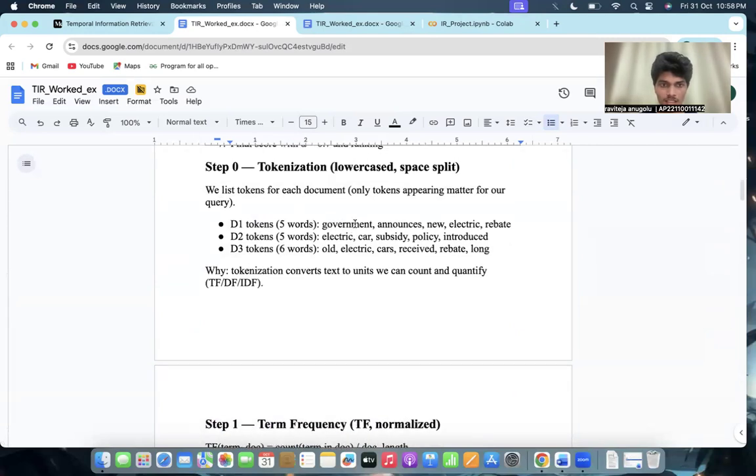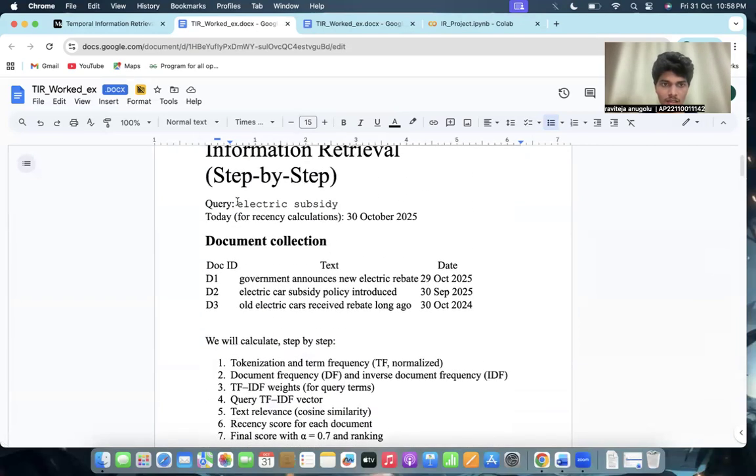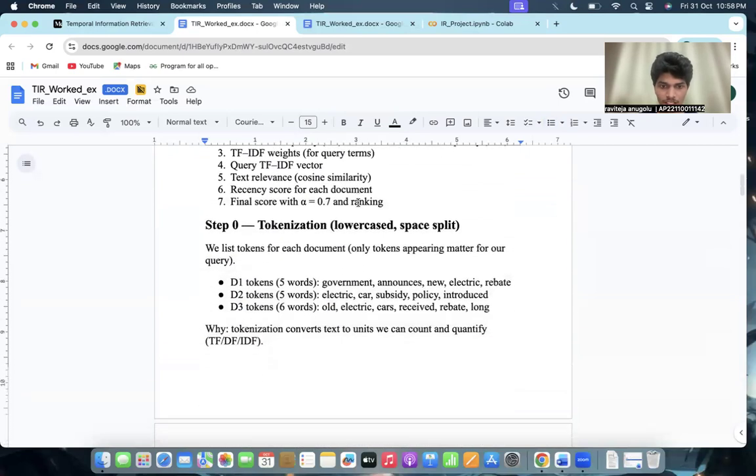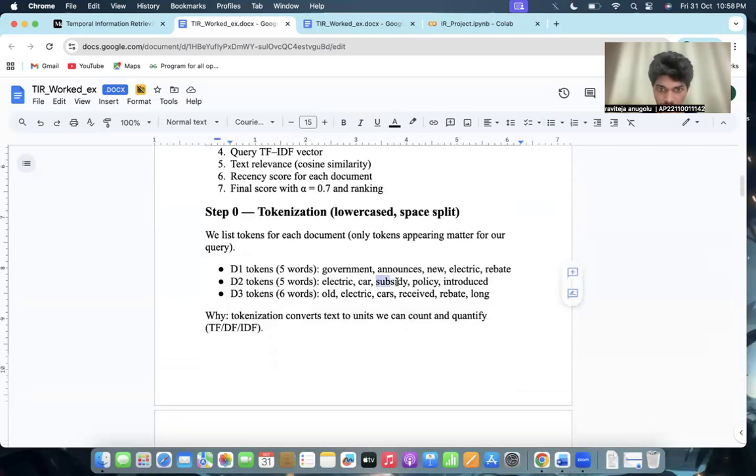Here you can see our query is electric subsidy. The subsidy term is only present in document D2. That is why document D2 ranks first.